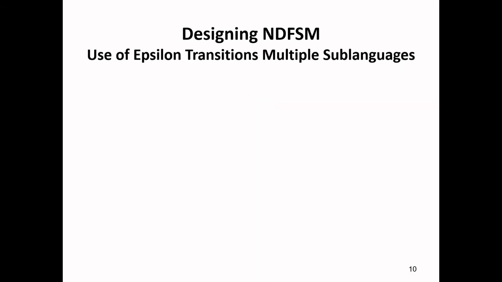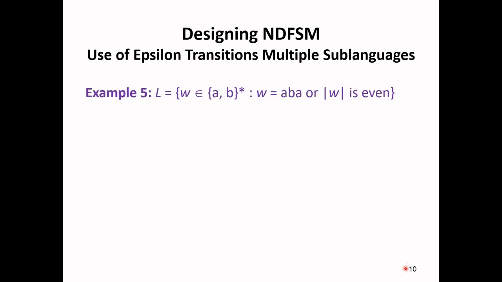Let us see how to design a NDFSM for a language which uses epsilon transitions for multiple sub-languages. Here is a language containing strings of A's and B's where the string is either ABA or the string length is even.